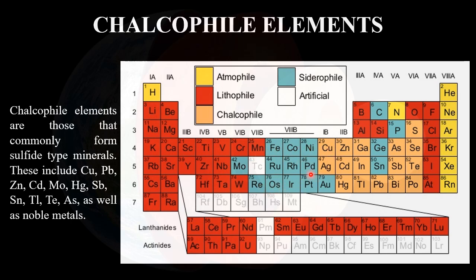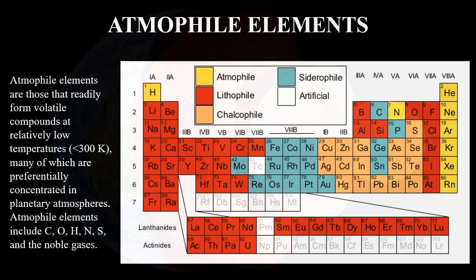If we see these colors, this is representing the chalcophiles in this periodic table. So we have Cu, Ag, Zn, Cd, Hg, Ga, In, Tl, Pb, As, Sb, Bi, S, Se, Te and Po. These elements are in fact the chalcophile elements.